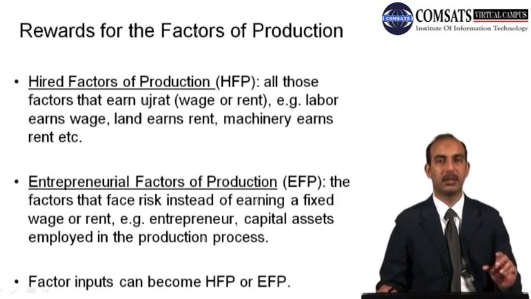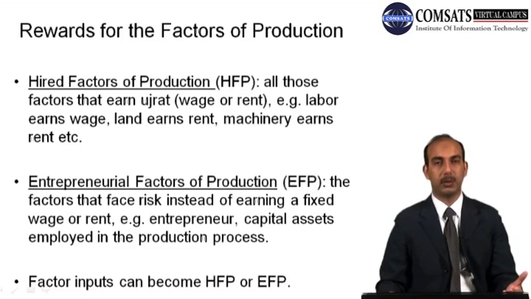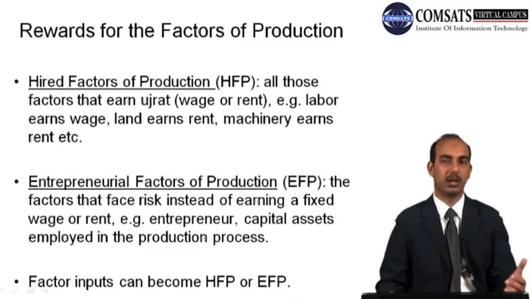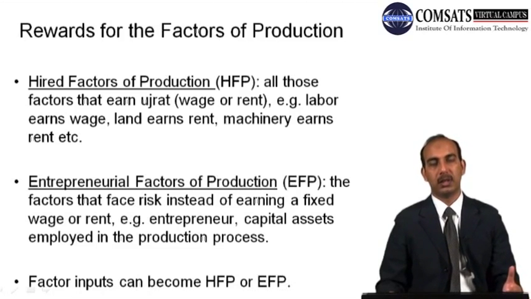So those factors can become an entrepreneurial factor of production, and the reward for entrepreneurial factors of production is the profit. Factors like the entrepreneur and capital assets, which are employed in the production process with the intention to earn some profit, earn profit as a reward. Otherwise, if you rent out your machinery, you are not supposed to face any kind of risk.